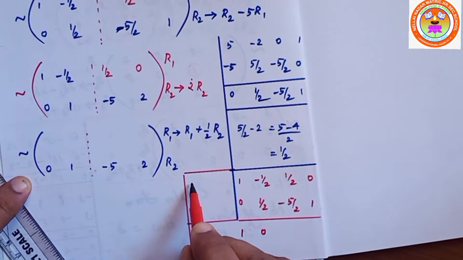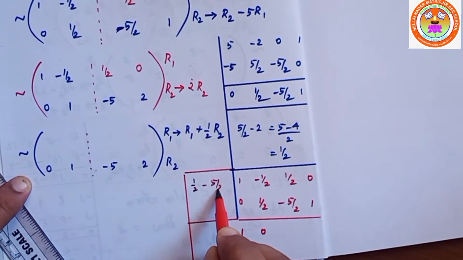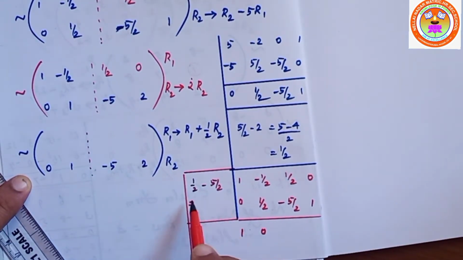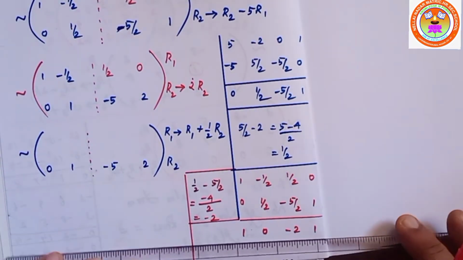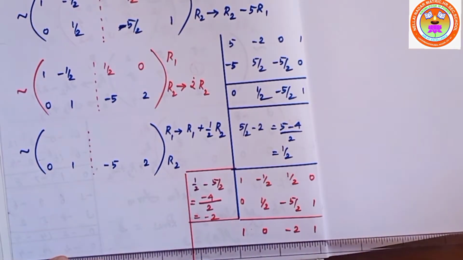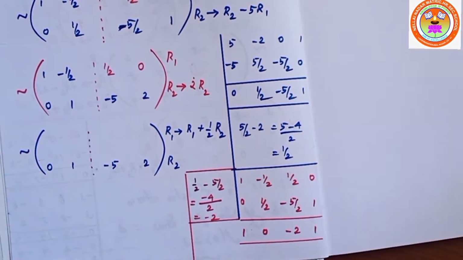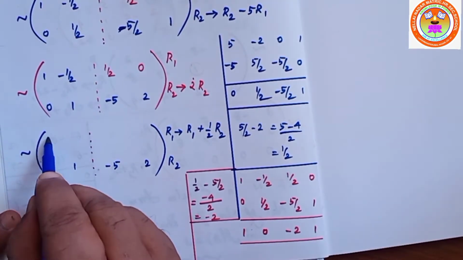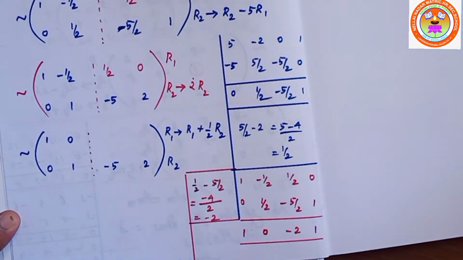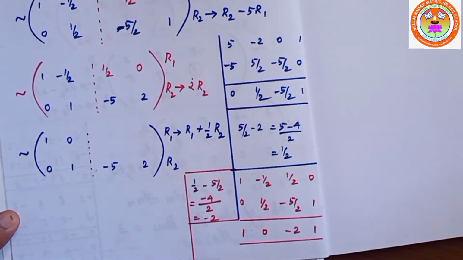Half minus 5 by 2, both the denominators are same, so common denominator, write 2 in the denominator, and 1 minus 5 that is equal to minus 4. So minus 4 by 2, that is equal to minus 2. Here minus 2. Then 0 plus 1 is 1. So we got 1, 0, minus 2, 1. I write here 1, 0, minus 2 and 1.